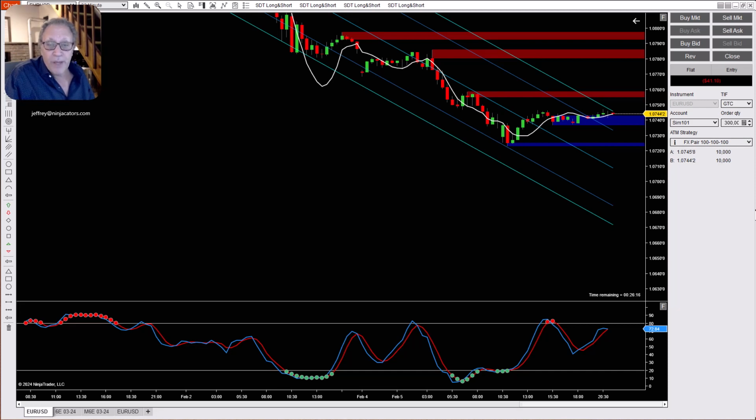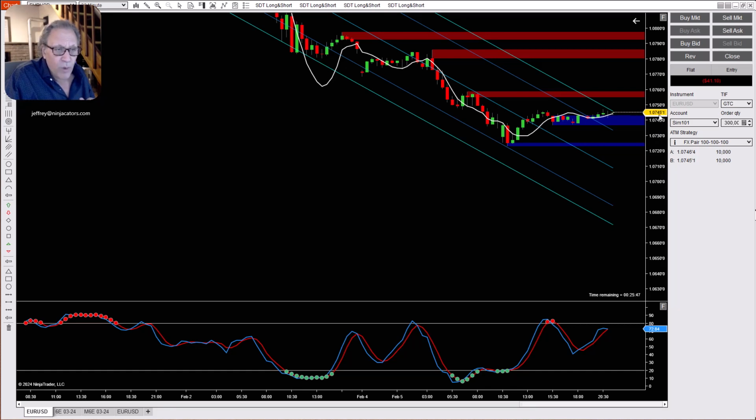A one pip movement is a one-digit movement of that currency value. So when we look at currencies, we see the value right here along the price line. For example, 1.0710. That little apostrophe 0 is just a decimal place, or a point. But the number we're looking for is the fourth decimal point.